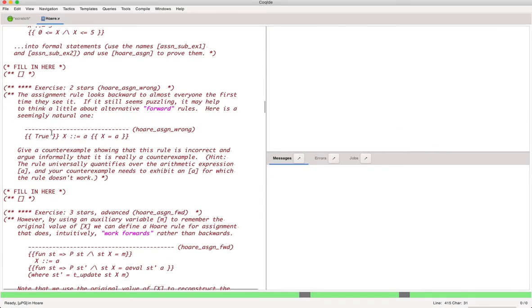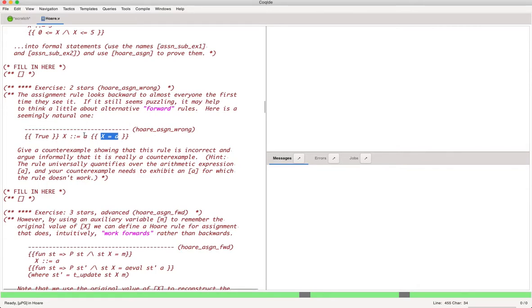So for example, this version here says, well, if under any circumstance, in other words, in all states, if we assign X to A, or A to X, then afterwards we know X is equal to A, which seems like it should be true, right? But as we saw in an earlier chapter, I think, it's not necessarily true if A includes references to X, right?